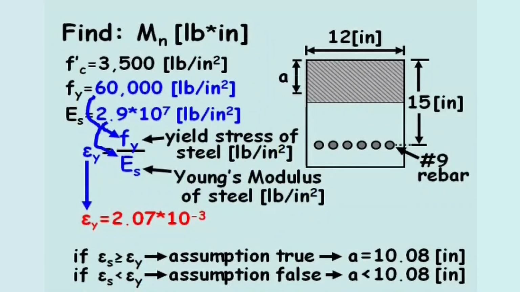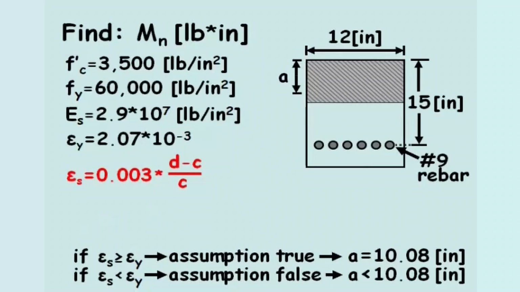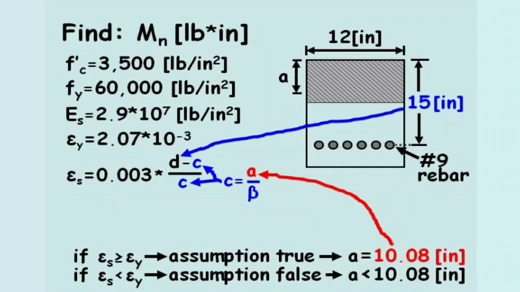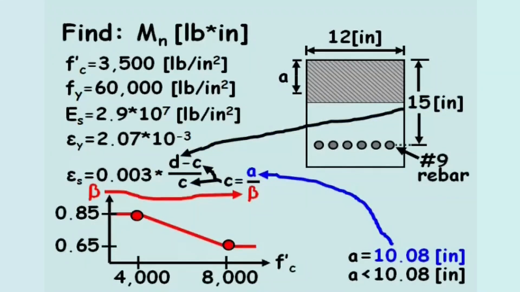From strain compatibility, the strain in the steel, epsilon s, equals 0.003 times the quantity d minus c divided by c, where d equals the depth of the steel, 15 inches, and c equals a divided by beta, where our assumed value of a equals 10.08 inches, and beta ranges between 0.65 and 0.85, based on the compressive strength of the concrete.